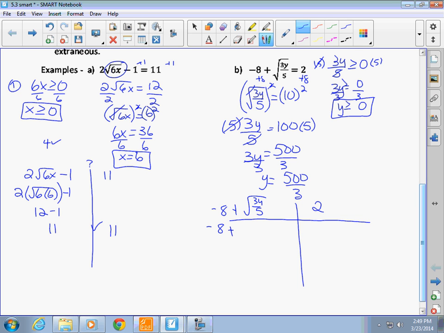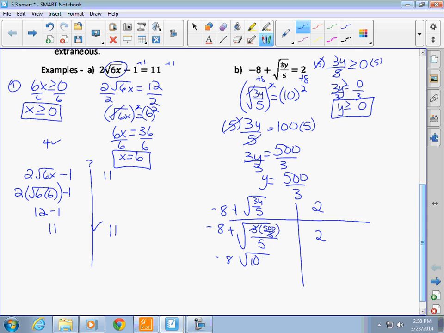So negative 8 plus the square root of 3 times 500 divided by 3, divided by 5, is equal to 2. The 3 times 500 divided by 3 will cancel, so I'm left with 500 divided by 5, which is 100.